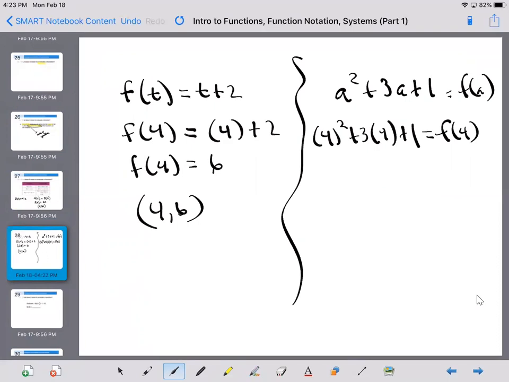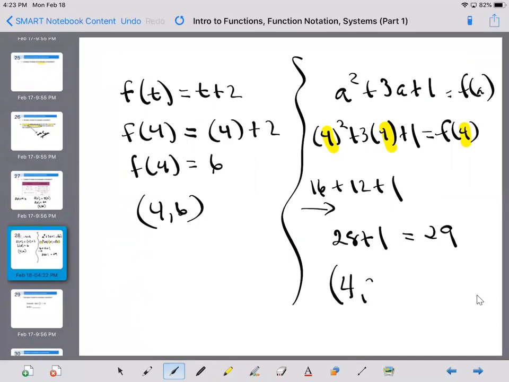So you're just substituting wherever you see an input or an x value of 4, we substituted 4. And then we just computed 4 squared is 16, 3 times 4 is 12, plus 1, so everything's left to right, so that'd be 28 plus 1, or 29. So when x is 4, y was 29.